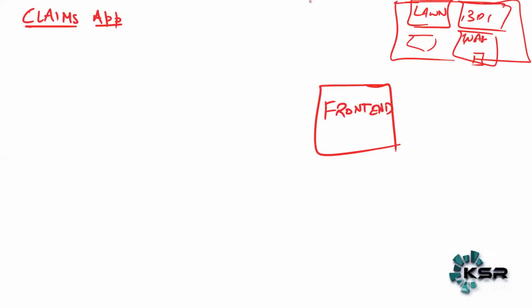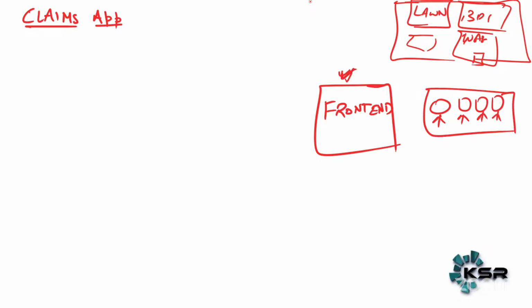No, I'm not going into that granular level, Siva. We are figuring out. So these are the users, suppose all of you. You will need some front end where you log in and then you can edit and create your claims, isn't it? Whatever you are creating from the front end, where will it get stored? Will it get stored in the Power Apps itself?